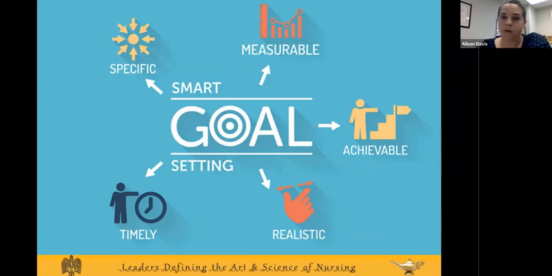Of these, what do you think is the easiest to get incorrect when writing a SMART goal? What is the easiest slip-up? Measurable. Measurable is challenging, especially if you're doing something subjective. What else? I can tell you the one that's hardest for me, but I'm not going to spill the beans yet. Which one do I think is the hardest? Achievable.